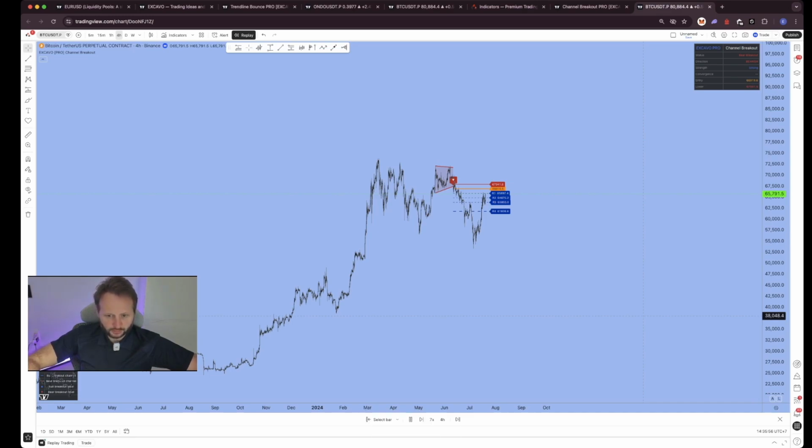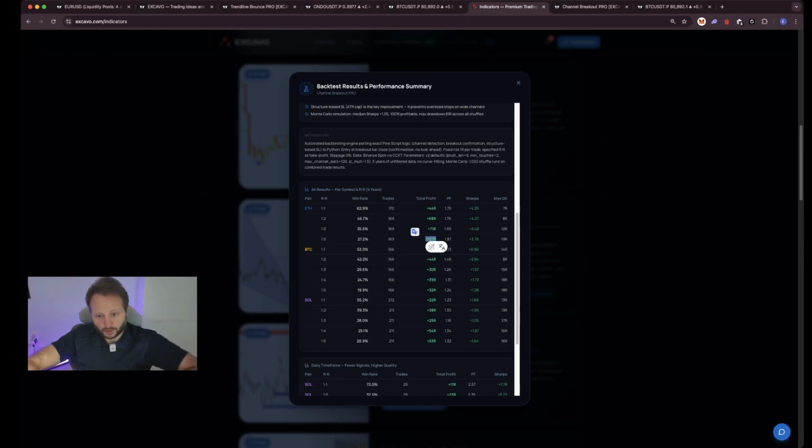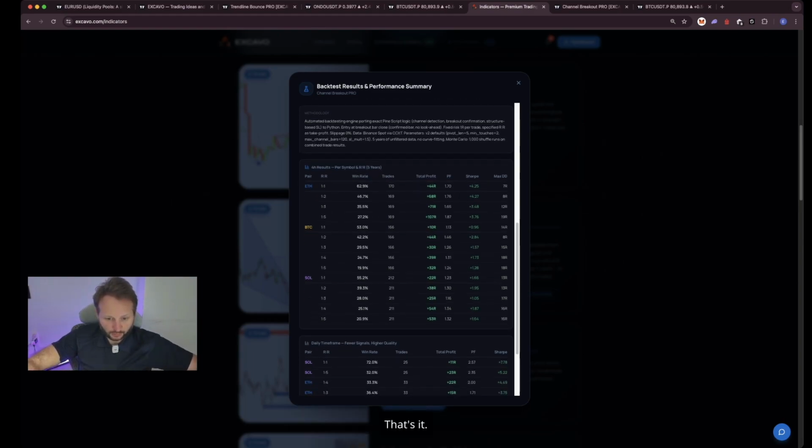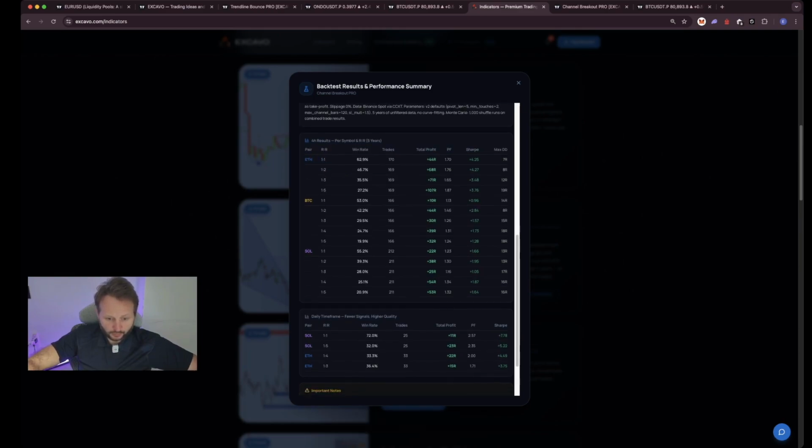It shows here that on ETH with a 1-to-1 ratio, there's a 63% win rate. With 1-to-2 it's lower, with 1-to-3 even lower, and with 1-to-5, here, 27%, that's it. That's how RR works. And basically these are the results we have on Ethereum, Bitcoin, Solana.